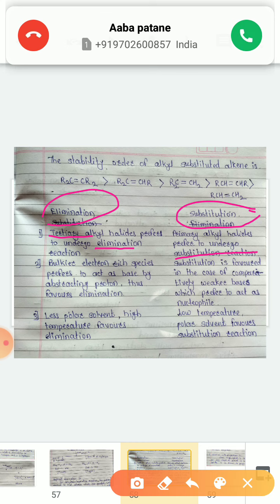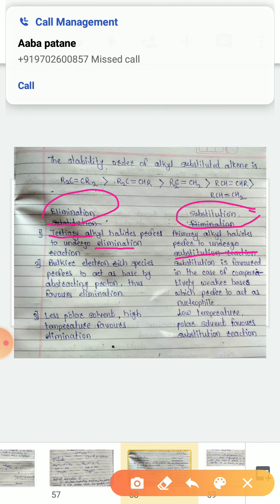Therefore primary alkyl halides prefer substitution while tertiary alkyl halides prefer elimination reaction.